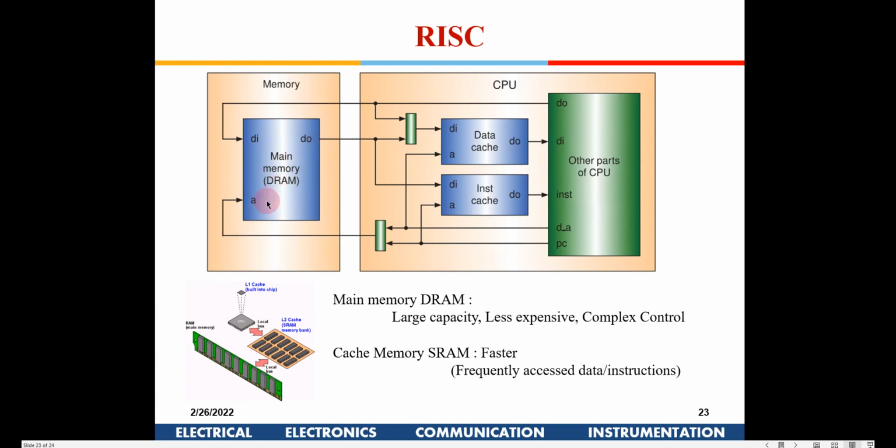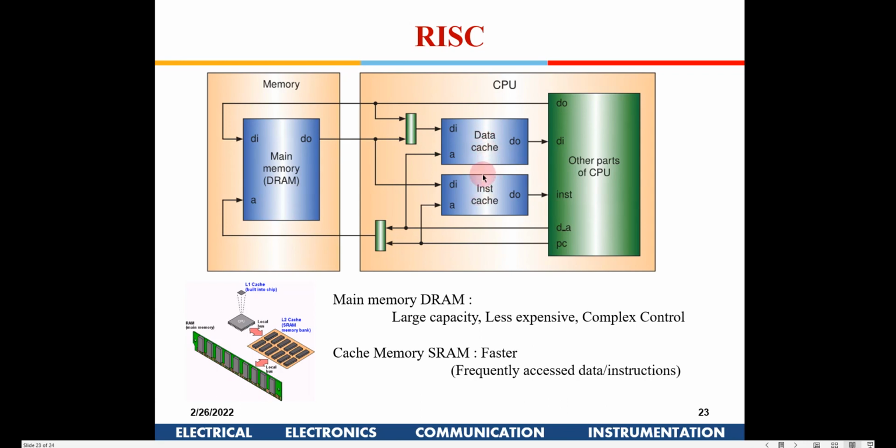Initially 1 GB RAM was good enough, but presently even 16 GB RAM is required by some of the processors and some of your programs. So for high packing density you generally have DRAMs, dynamic RAMs, out here, right?